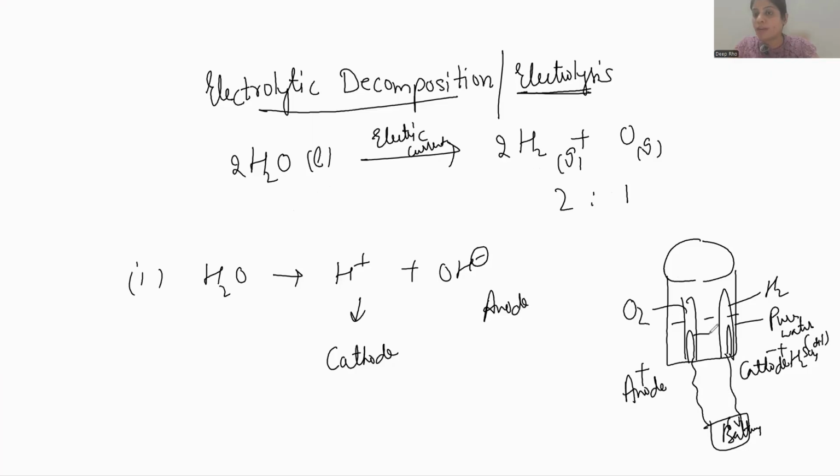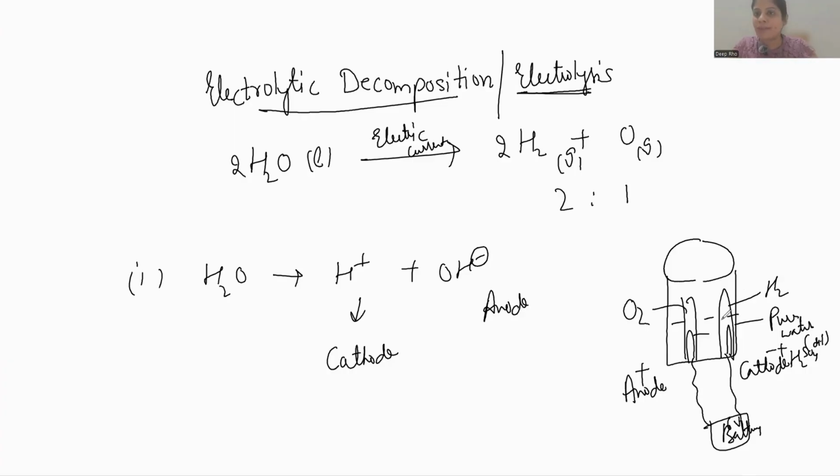Pure water is taken along with a few drops of dilute sulfuric acid. As you know, pure water is a poor conductor of electricity. So what will the few drops of sulfuric acid do? It acts as an electrolyte, so it allows the solution to conduct electricity.